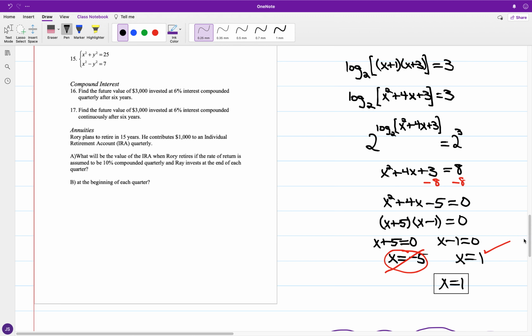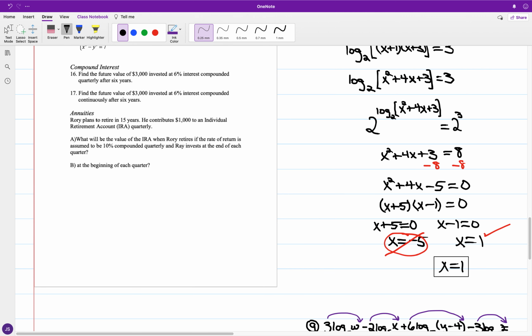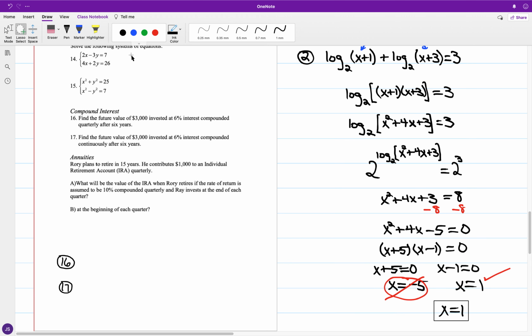In the case of compound interest, for 16 and also in the case of 17, in both of these problems the principal is going to be $3,000, and we've got 6%.